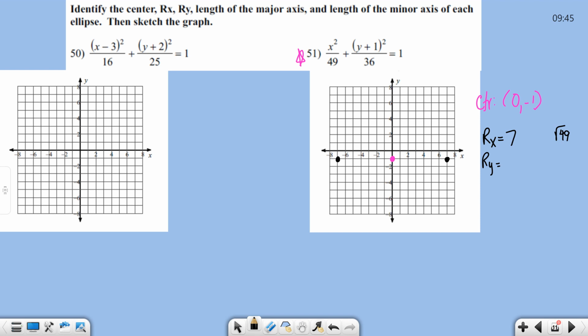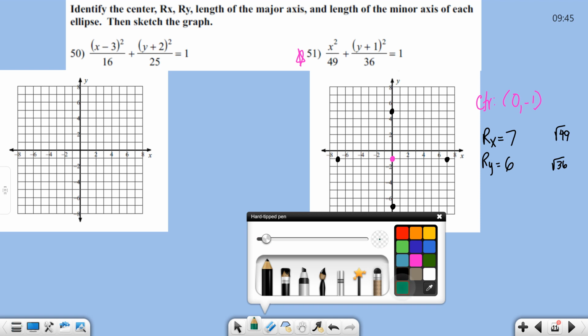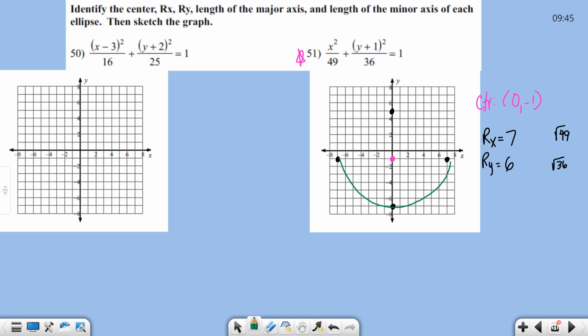Okay. For the y values, it's the square root of 36. That's what's underneath the y. So I'm going to go up and down 6 units from the center to get my y values. There we go. We have an ellipse. It makes this cute little oblong circle. You're all done. The major and the minor axes.